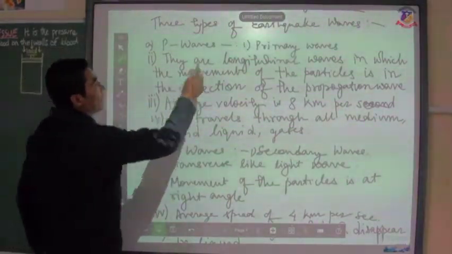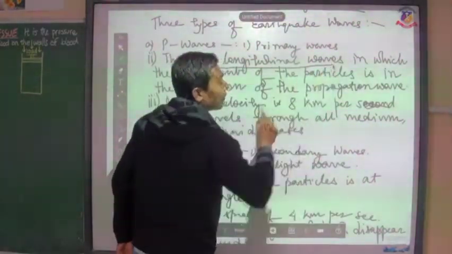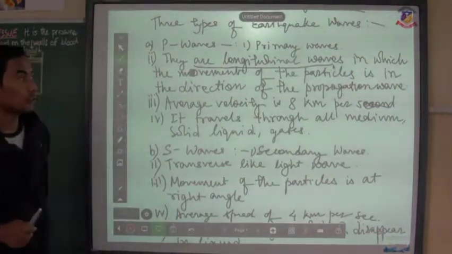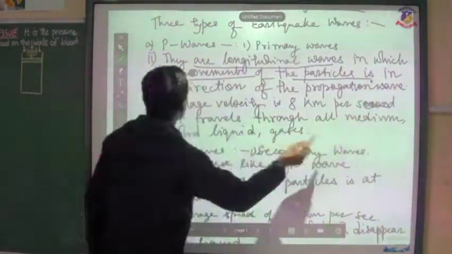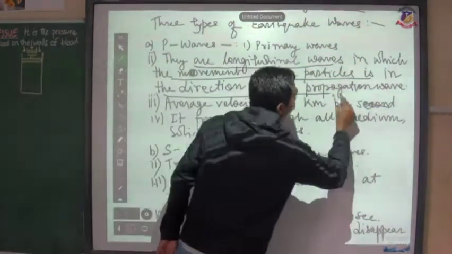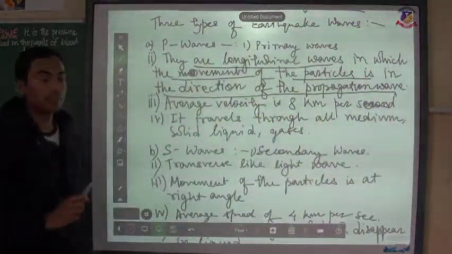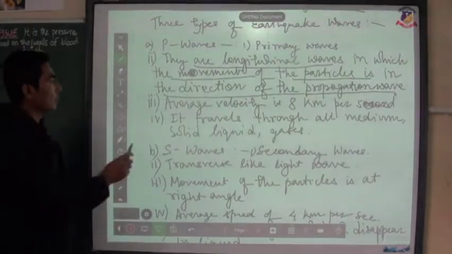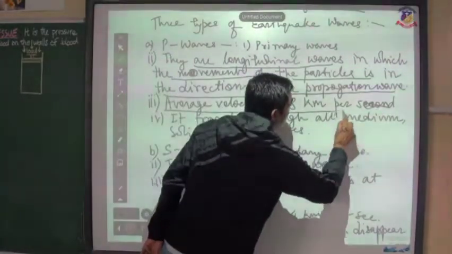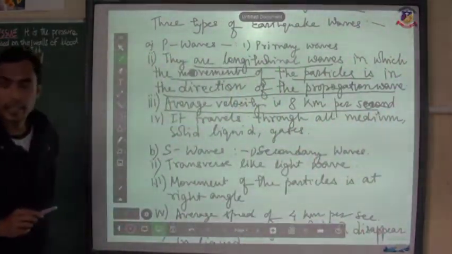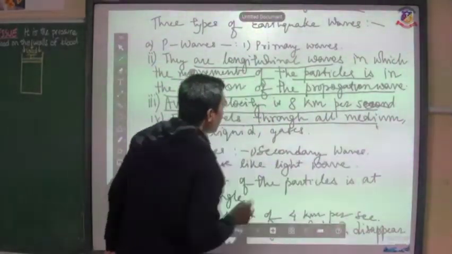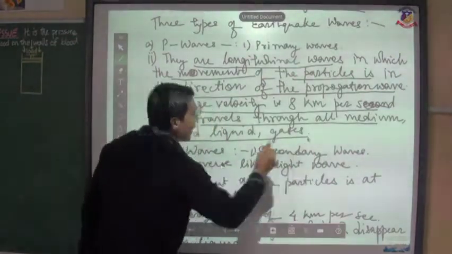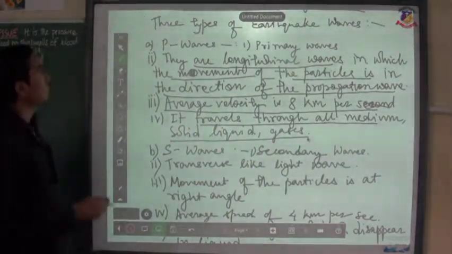First, they are longitudinal waves, in which the movement of the particles is in the direction of the wave propagation. Next, the average velocity is 8 km per second. Third, they travel through all media: solid, liquid and gases.